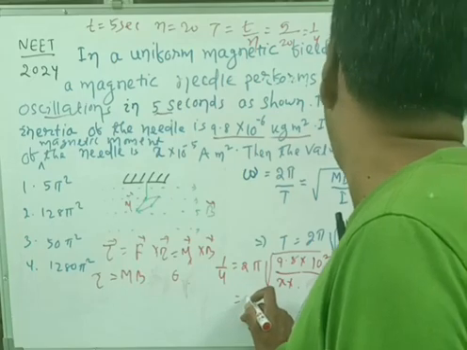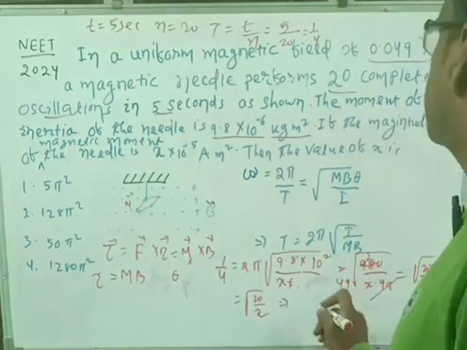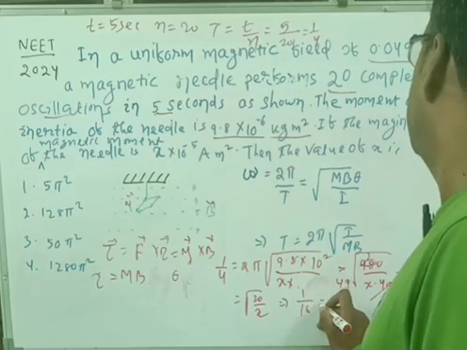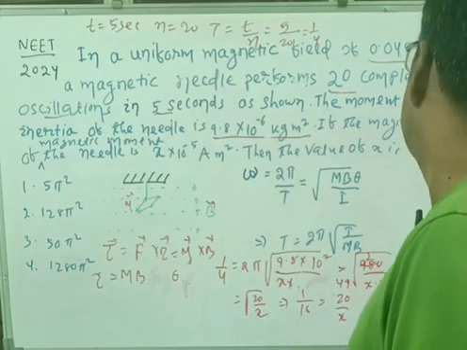1 by 4 is equal to root over 20 by x. Let us square both sides, this will be 1 by 16 is equal to 20 by x.